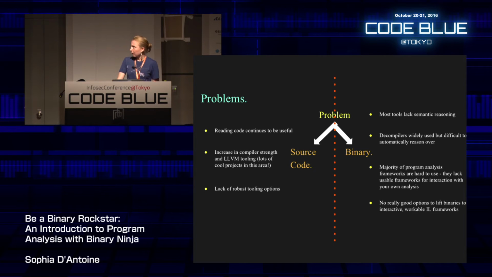So going back to our problem, we have a program that we want to analyze for vulnerabilities. What's the state for source code? So obviously, we're going to continue reading the code. This is useful. But a really strong player in the tool department for source code review is LLVM. For those of you who haven't heard of that, LLVM stands for low-level, I believe, virtual machine or something like that.